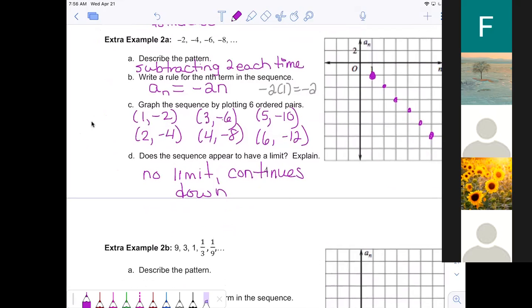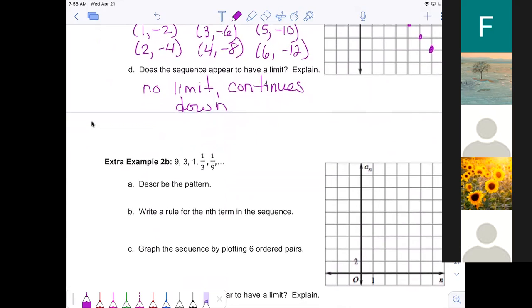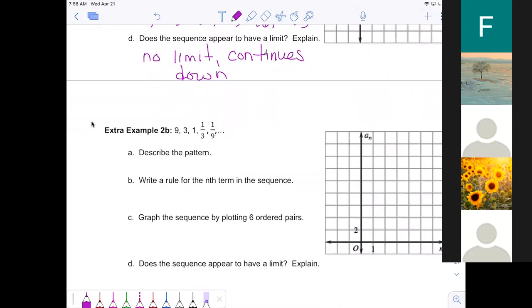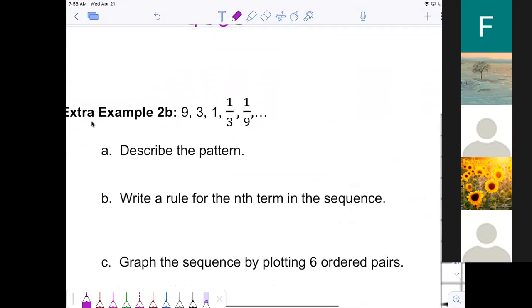All right, so we're going to look at one more. See if you can describe the pattern. So 9, 3, 1, 1/3, 1/9. Madison, what do you think the pattern is here?